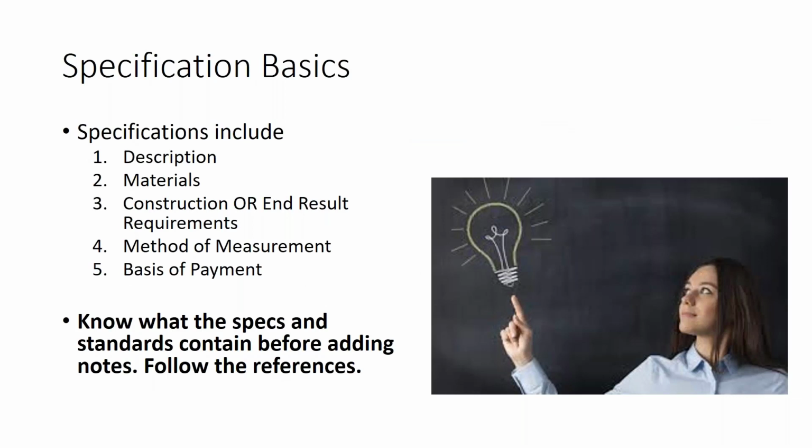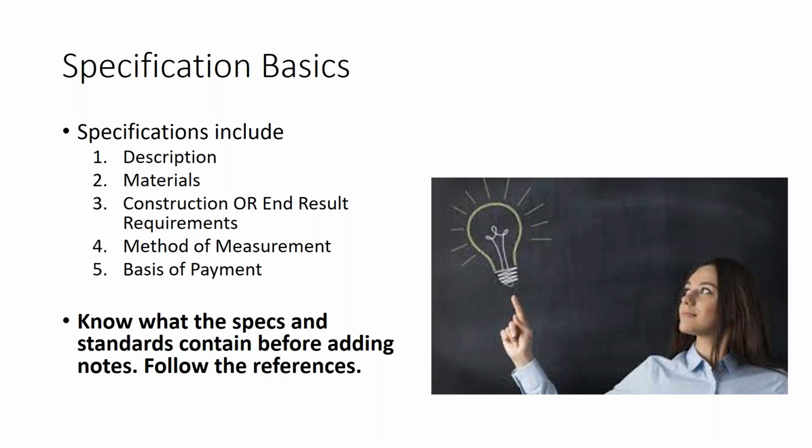A few basics about specifications. A complete specification includes the description, the materials, the construction or end result requirements, a method of measurement, and a basis of payment. Same as the design standards, we want to ensure that we know what these specs and standards contain before we add them in, either by reference or by note in your plans.